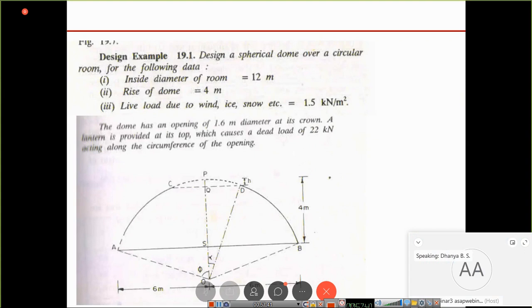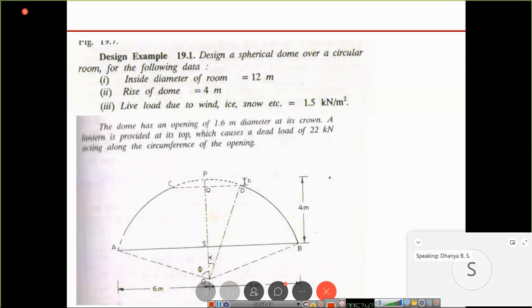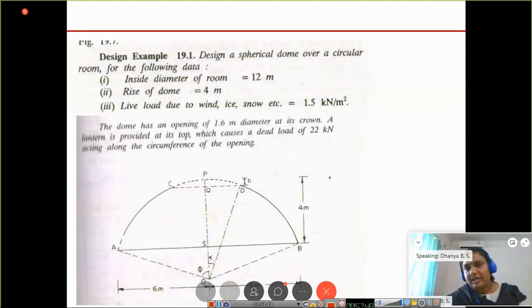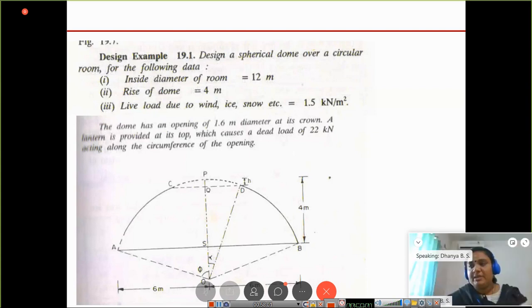What is the difference between a spherical dome and a hemispherical dome? A hemispherical dome is a spherical dome itself, but a hemispherical dome is just like a semicircle, the half of the sphere.